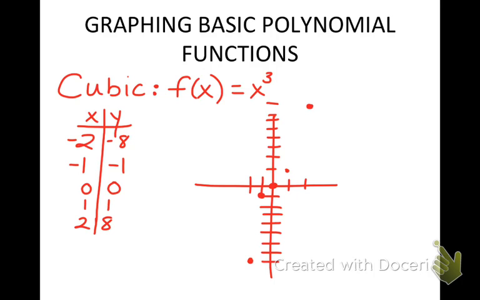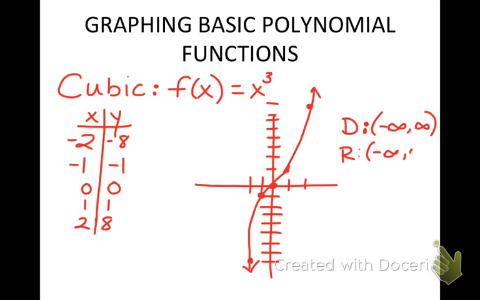So yeah, you kind of get that sideways S curve. You want to call it an S, not quite an S, but it's a curve. You have an inflection point in here in the middle, changing directions. So what's your domain? All real numbers again. What's your range? All real numbers again, also good.